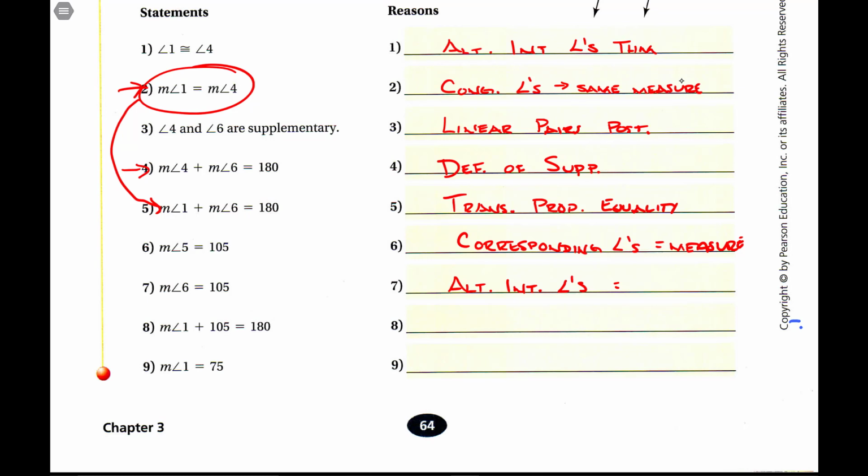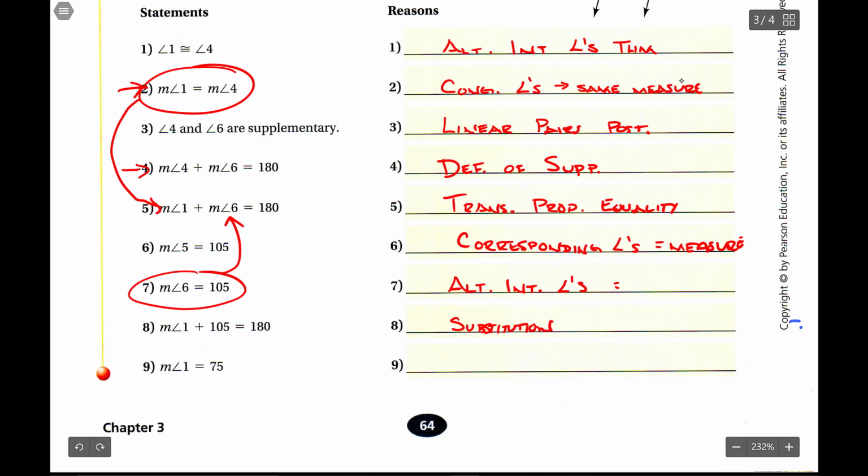Then finally for step 8, or sorry, not finally, but almost finally, step 8, the measure of angle 1 plus 105 is equal to 180. We're just substituting into the 5th statement because we have established that angle 6 is 105 degrees. So we can now say that we'll just use substitution.